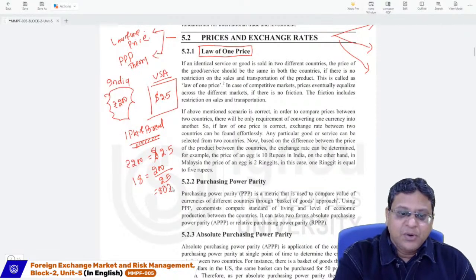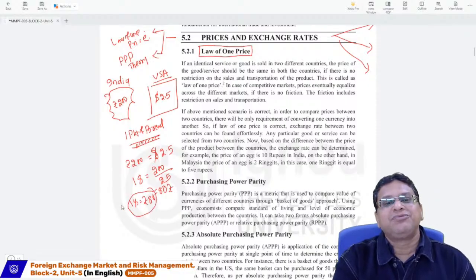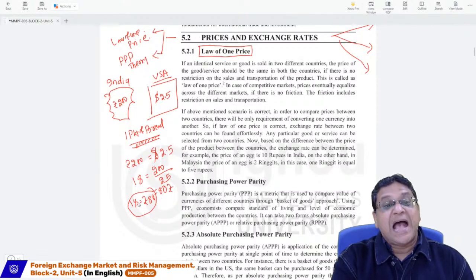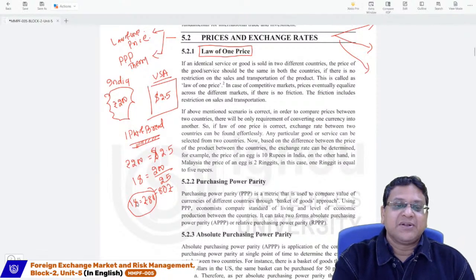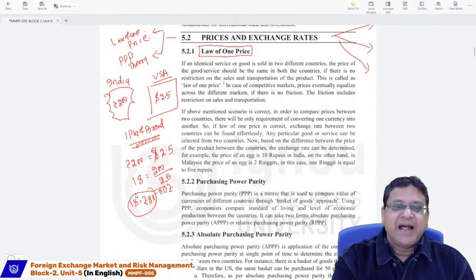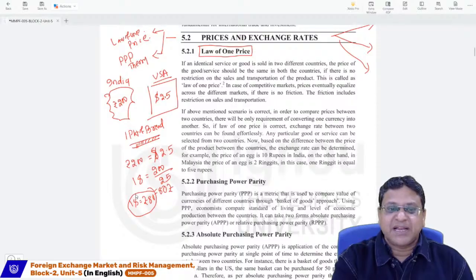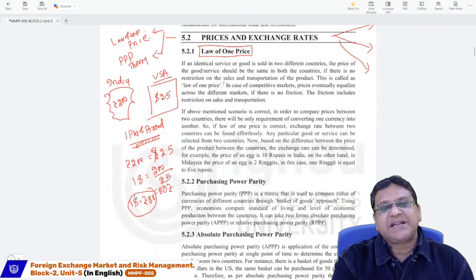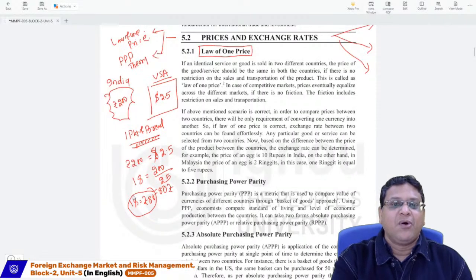So $1 will be 80 rupees. This is the law of one price. If $1 is not 80 rupees, arbitrageurs will enter the picture. They will buy in the low priced market and sell in the high priced market and make some arbitrage profit if there is no restriction on imports and exports.